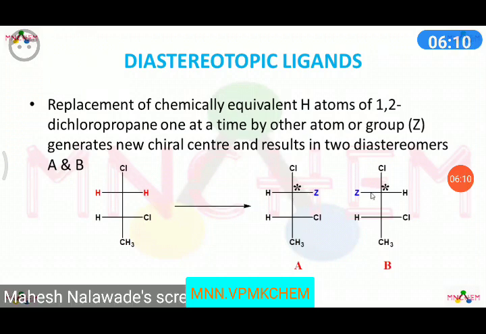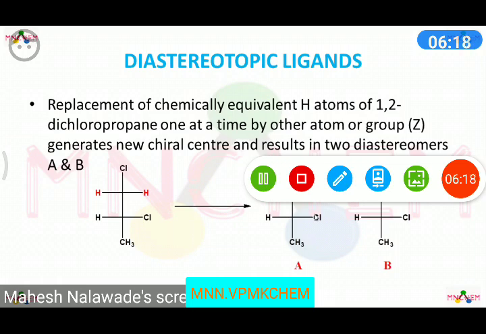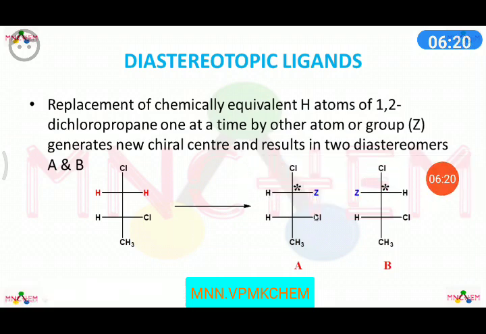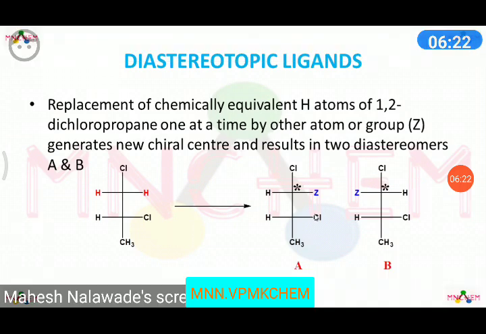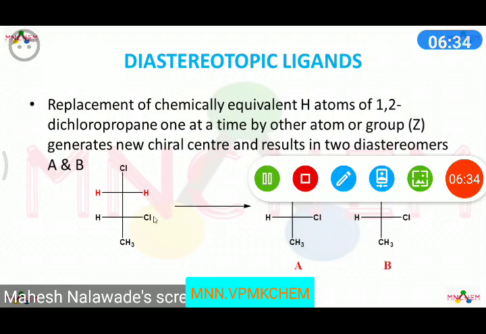So we have these two stereoisomers, or diastereomers, formed as products. So the atoms or groups which on replacement by another ligand generate a pair of diastereomers are called diastereotopic ligands.